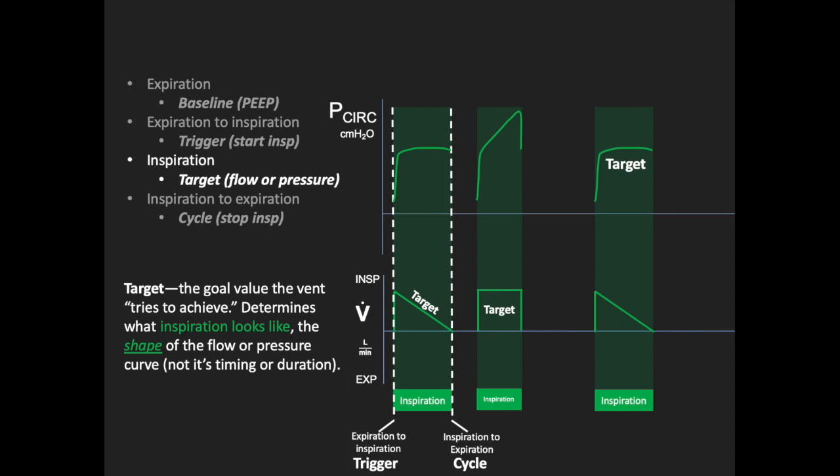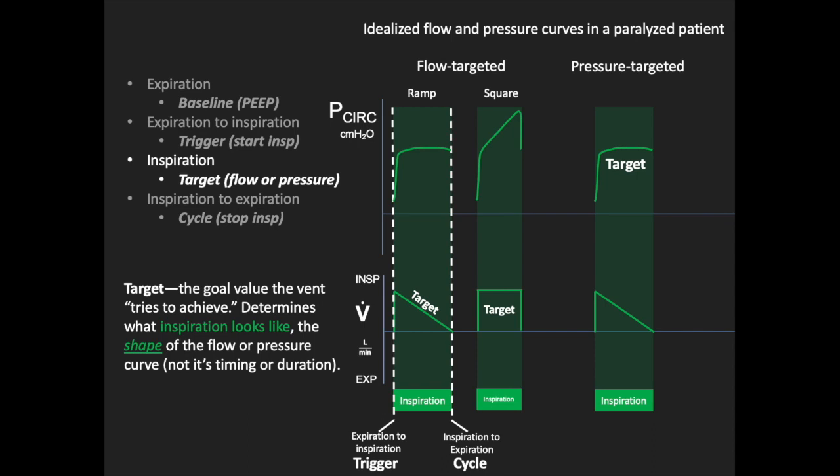The target can either be flow or pressure. On this side, here are two examples of flow targeting, and over here is an example of pressure targeting. In the flow targeting, I have a square wave here and a decelerating ramp, or just ramp wave shape here. For the square wave, it's pretty simple.